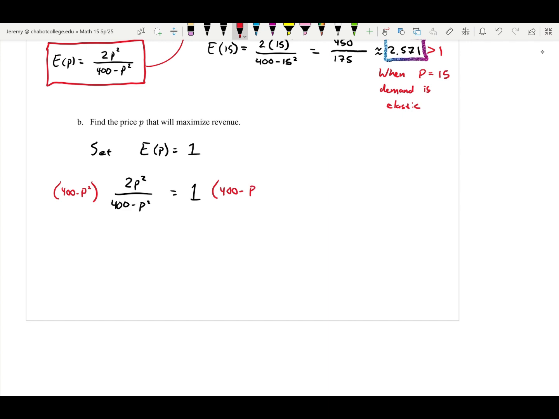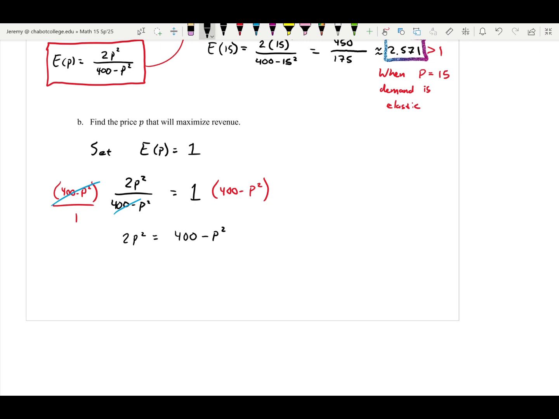I'll just write this step out, because what happens is, we could put this over 1 here, and we get this cancellation, 400 minus p squared divided by 400 minus p squared, assuming that p is not equal to 20, because then we'd have 0 in the denominator. But anyway, that cancels out. We get 2p squared is equal to 400 minus p squared. I like the look of this equation a lot more. This is just a quadratic equation, which I'm much more comfortable solving.